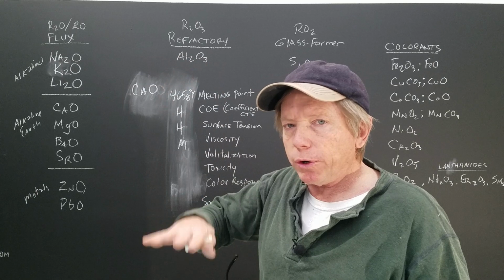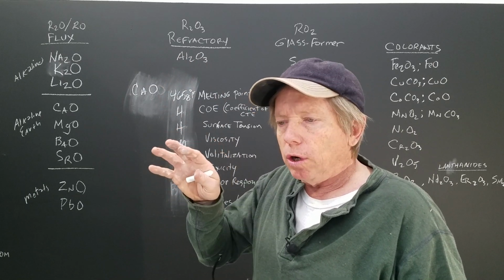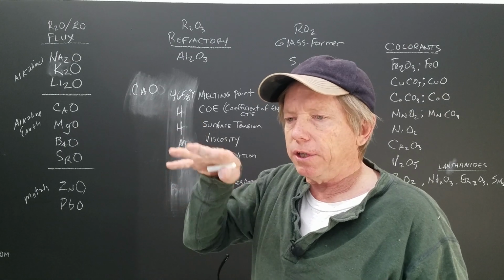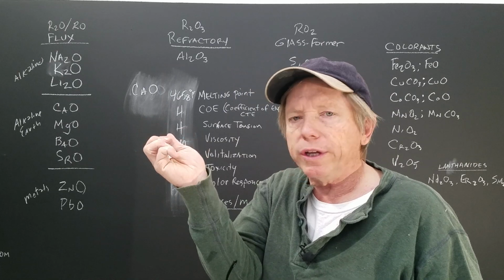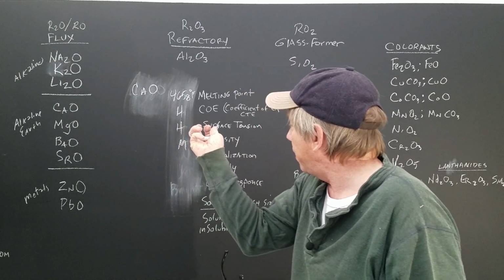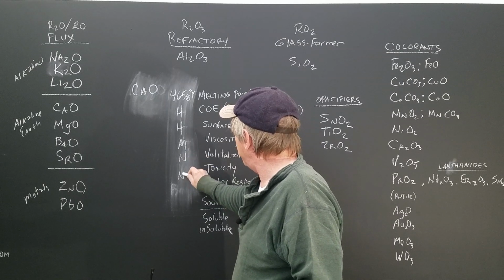Even though they're very runny, the fact that they pull together and form these, it looks like tree branches or tributaries from above, ash glazes, and that's because its high surface tension is having it pull together. It does not volatilize, it's not very toxic.